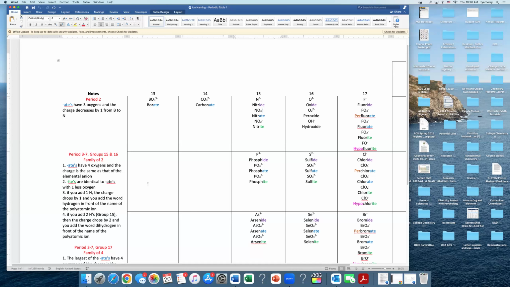Now, group 15 and group 16 are known as families of 2, meaning they have one polyatomic ion that ends in ATE and one polyatomic ion that ends in ITE. The ATE and the ITE are identical except for the number of oxygens.